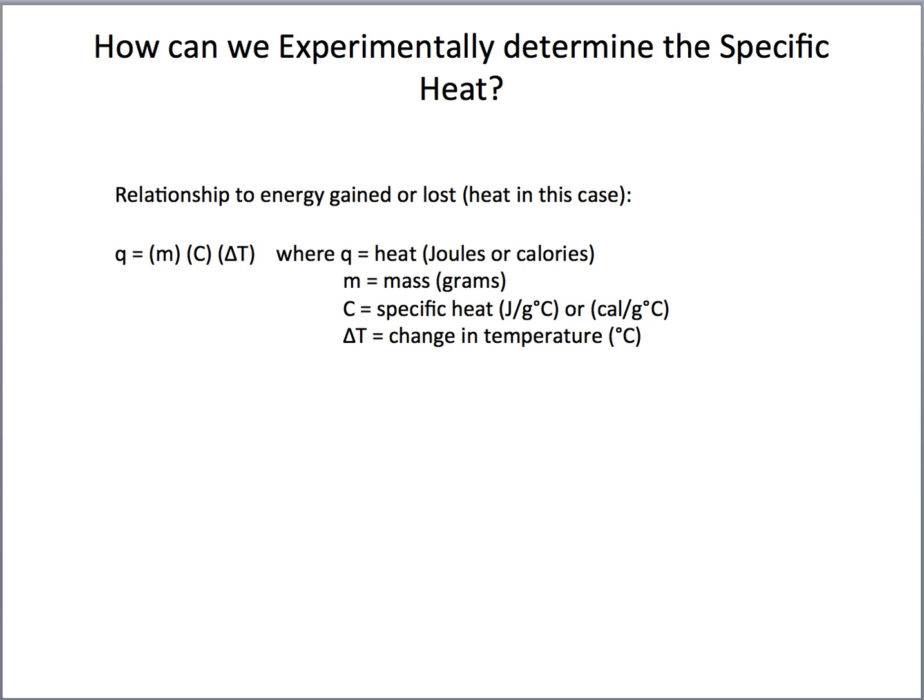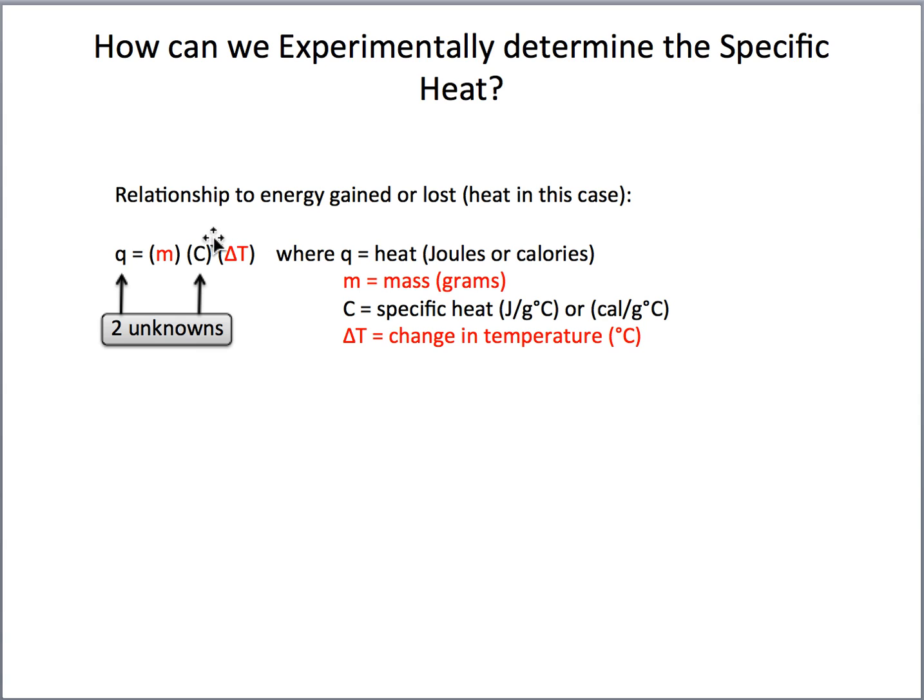Now, if we want to use this to determine the specific heat of an unknown metal, we run into a problem. Okay, we can determine the mass of the metal easily. We can determine a change in temperature, right? We can use a balance for the mass. We can use a thermometer or temperature probe for the change in the temperature.